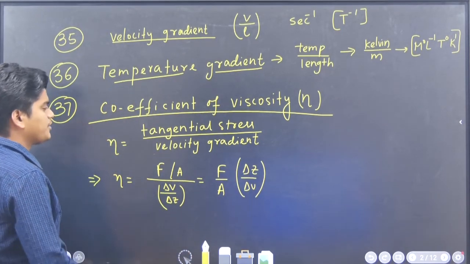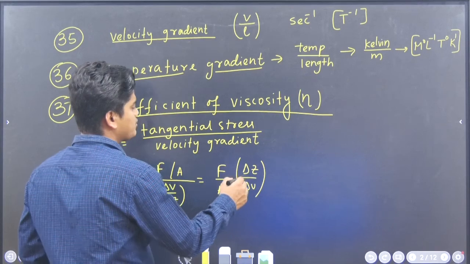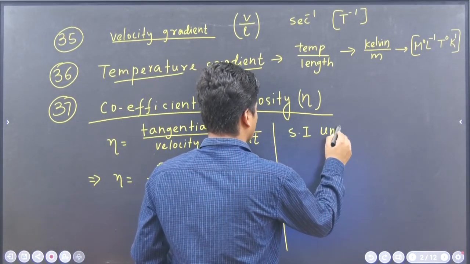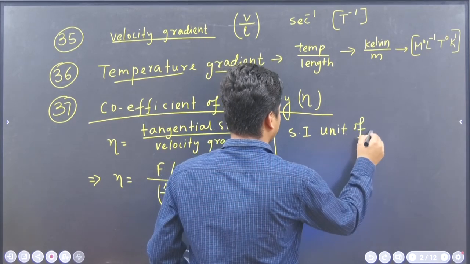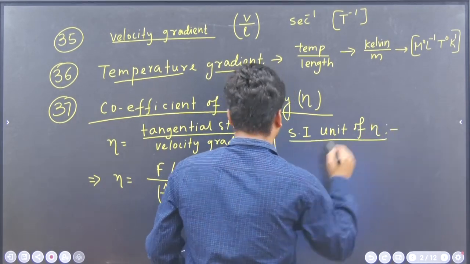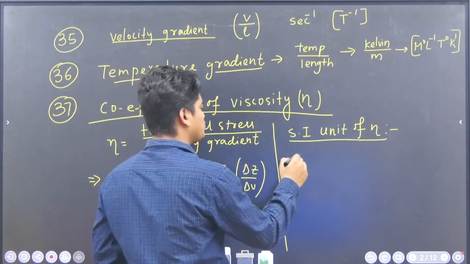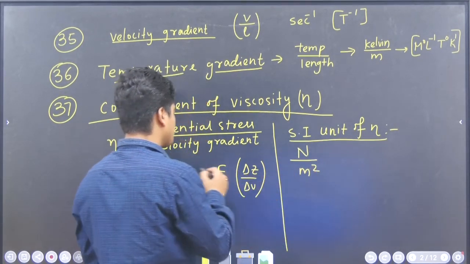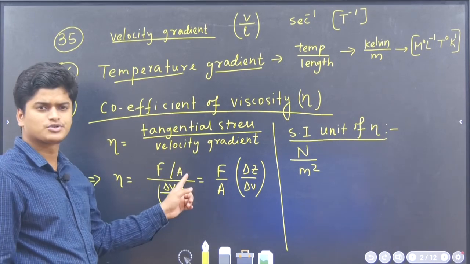Now if I want to write the SI unit of eta from here, the force unit is Newton and the area unit is meter square, because stress is force by area.